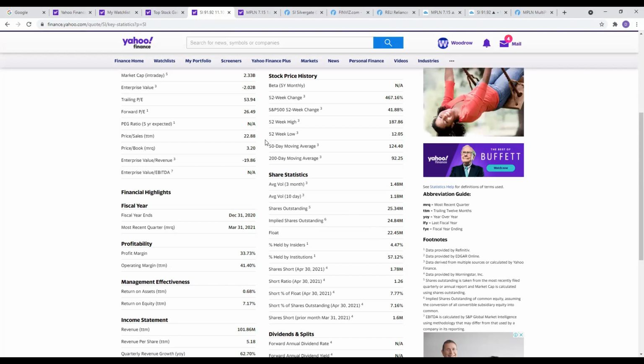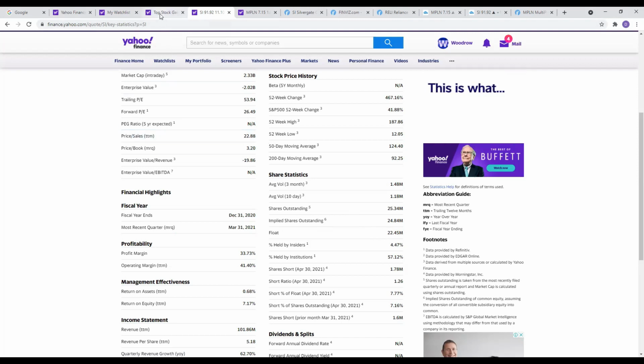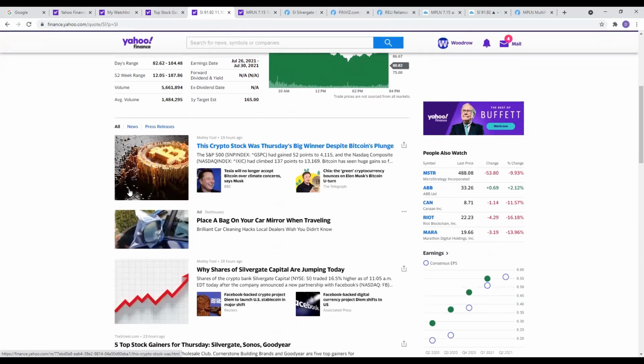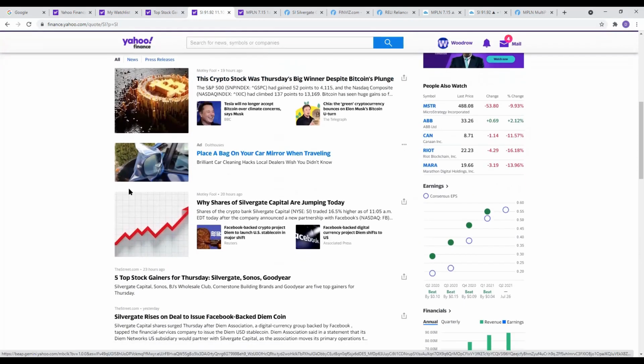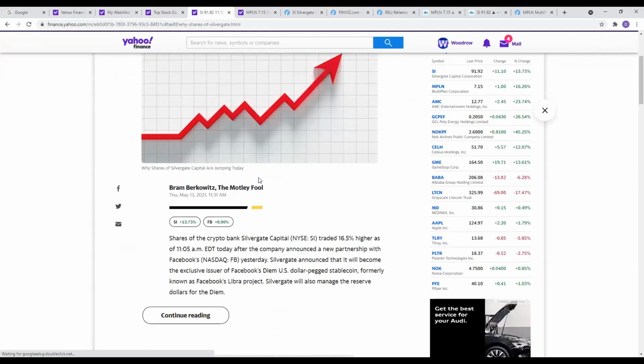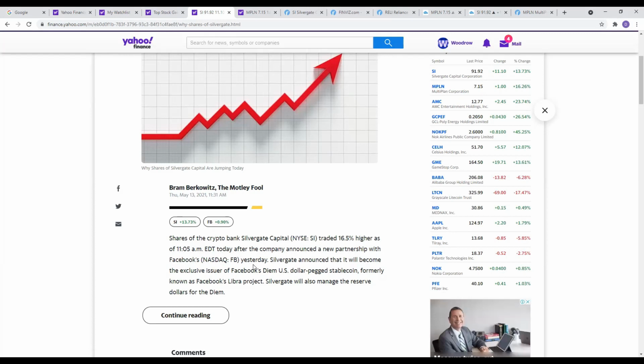Let's look at criteria 4, the news. There must be a reason why the stock price is going up. The shares of crypto bank Silvergate Capital traded 16.5% higher as of 11:05 a.m. today after the company announced a new partnership with Facebook yesterday.